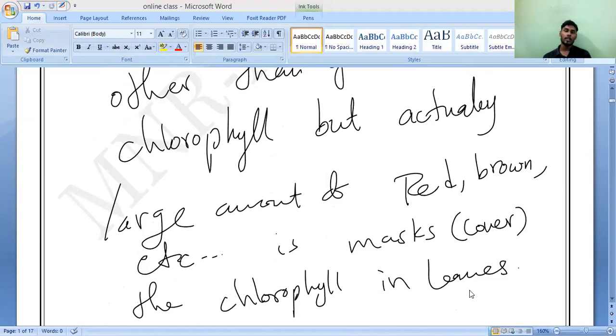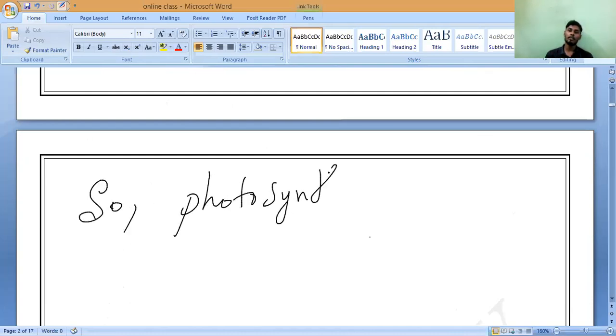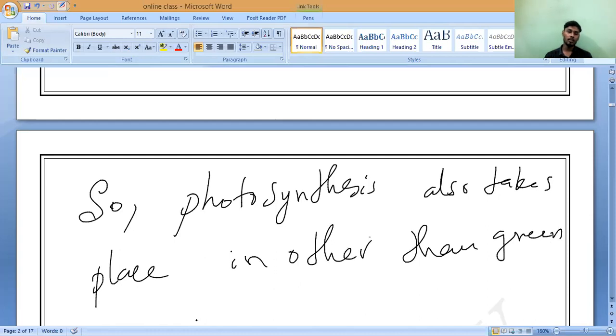Photosynthesis also takes place in leaves of colors other than green. Please note it down.